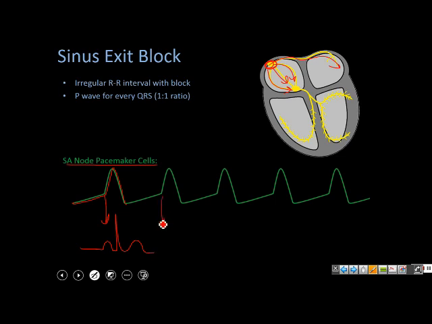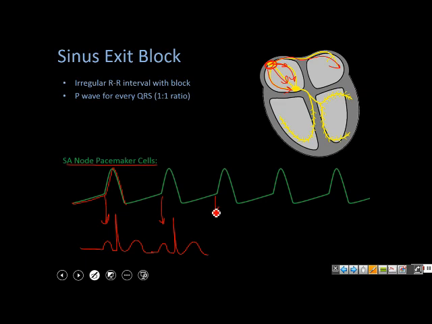So every time these cells create this electrical impulse, it causes a P, QRS, and T wave, which represents your heart beating. Well, let's say that electrical impulse was blocked from exiting the SA node. We'll say that electrical impulse was blocked and it could not do that.